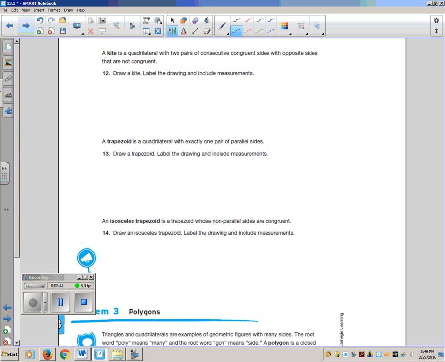Draw a kite. Pretty much the way you think. 2 sides up here, and then down here they are not congruent. If you want to draw the little string, you can. Trapezoid. We could draw a trapezoid like this.